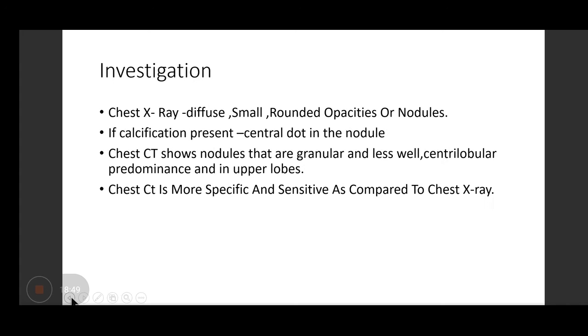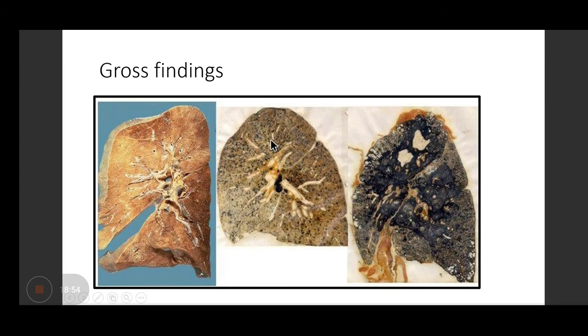And this is a normal lung. And this is a case of simple coal workers pneumoconiosis with deposition. And this is progressive massive fibrosis, in which blackened scars are formed, and there can also be ischemic necrosis leading to cavitation.